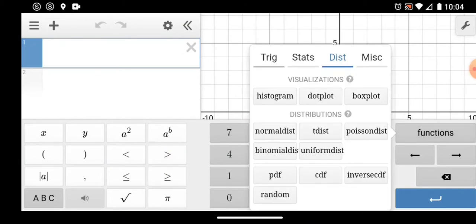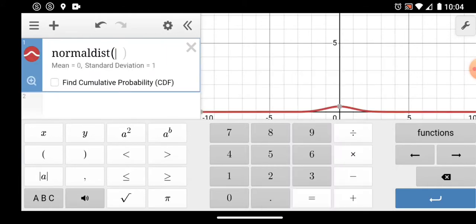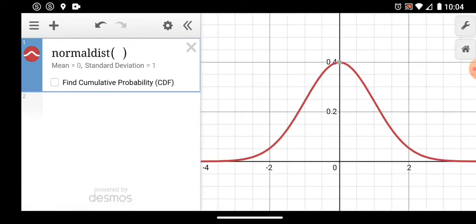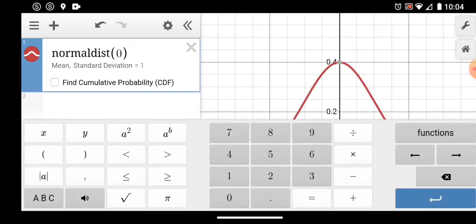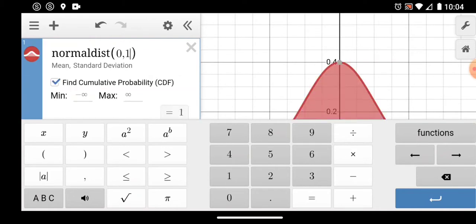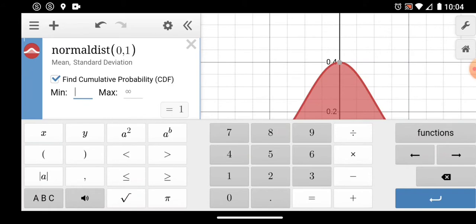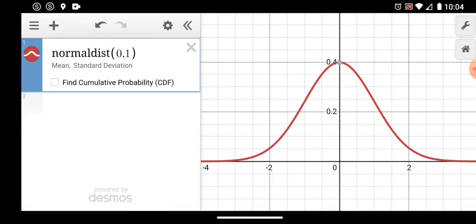I'm now going to use Desmos to show you a normal curve and how this works when we look at it more mathematically. I'm setting the mean to be 0. I'm setting the standard deviation to be 1 using Desmos, a graphing calculator.